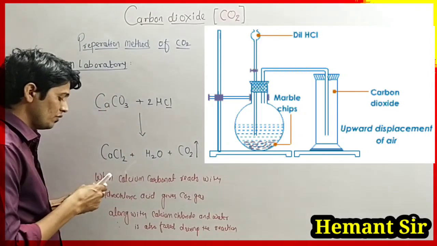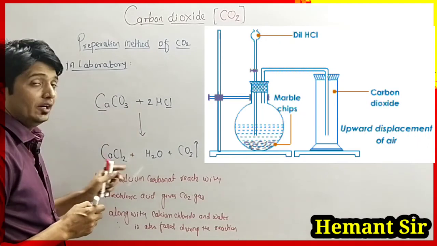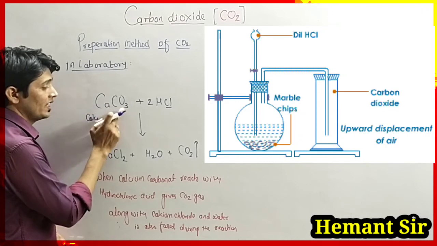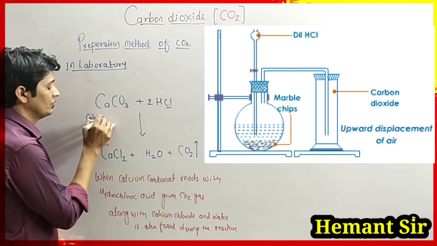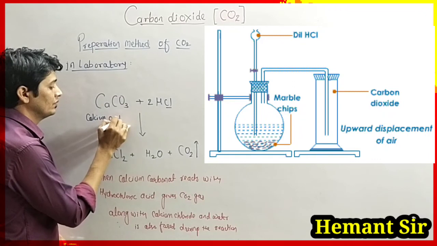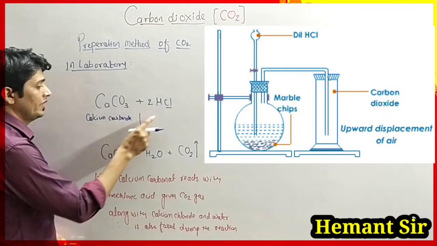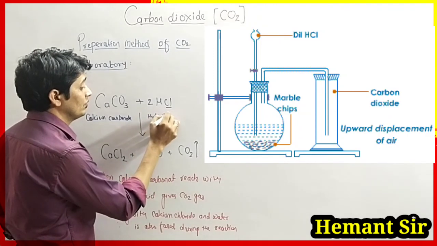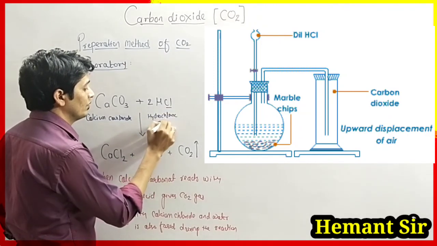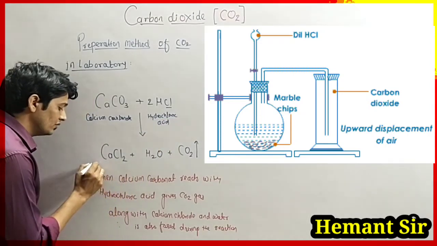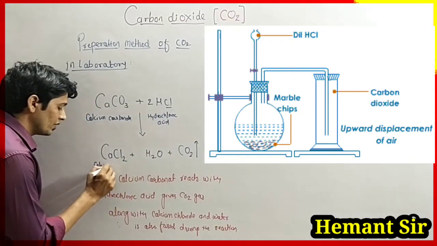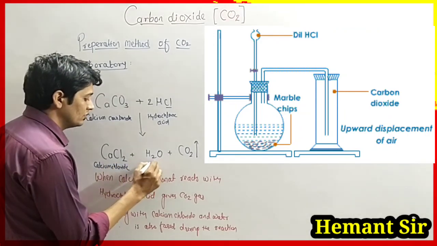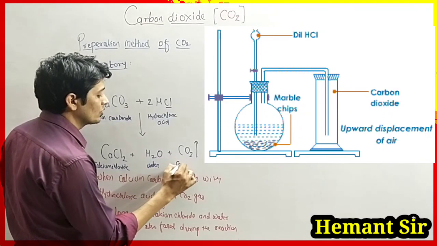So you have to write the names of the reactants and products also. It is calcium carbonate, it is hydrochloric acid, it is calcium chloride, water, and it is carbon dioxide.